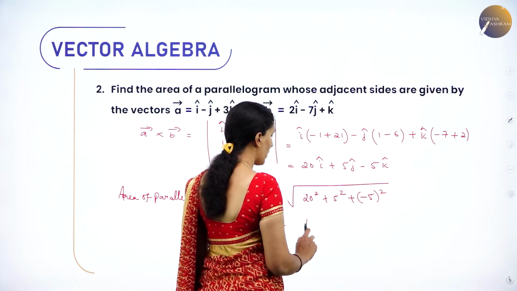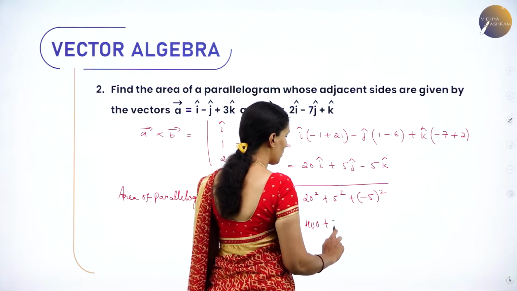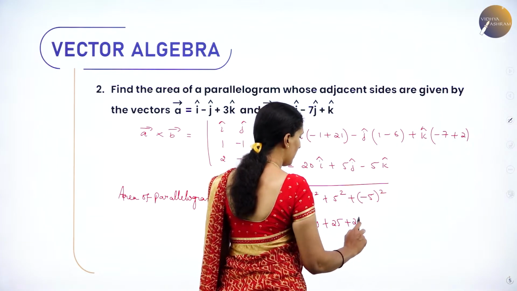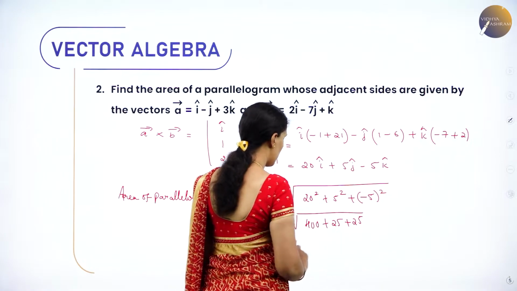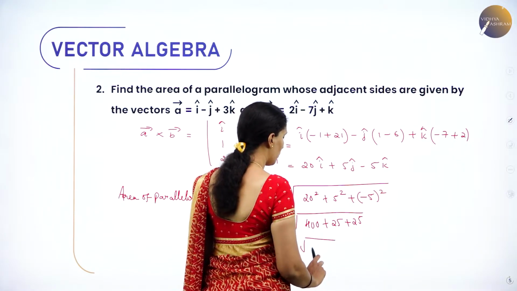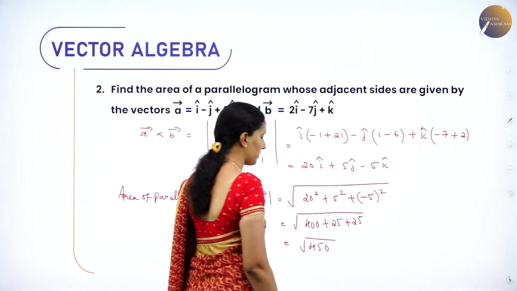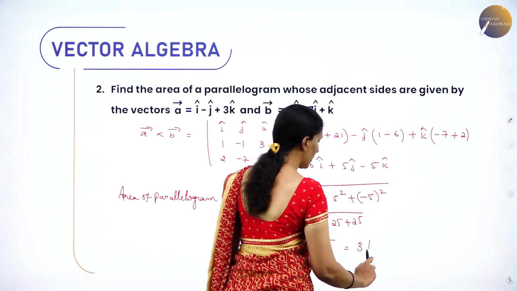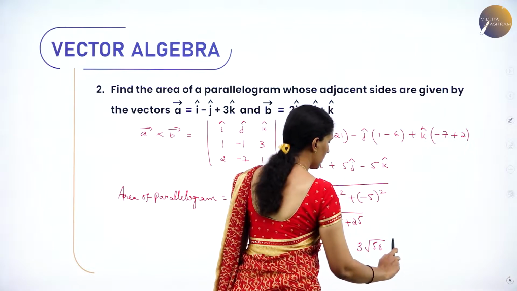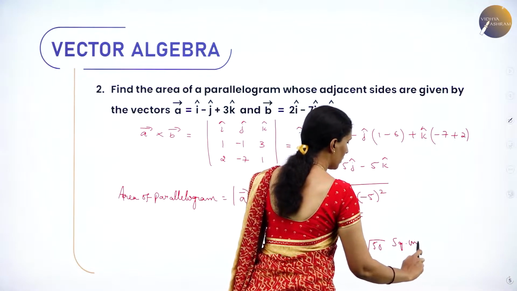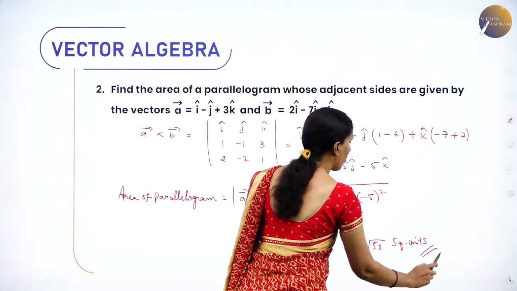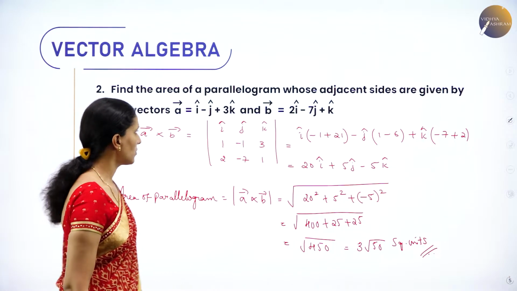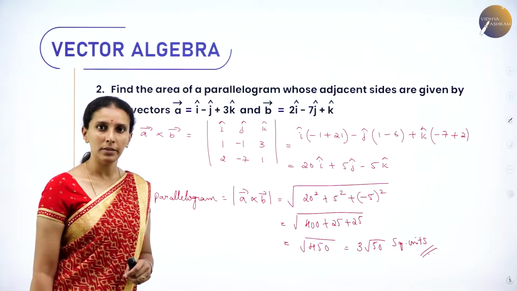So 20 square is 400 plus 25 plus 25. So that is square root of 450. So this after simplification can be written as 3 root 50 in terms of square units. So this is the area of the parallelogram whose sides are vector A and vector B.